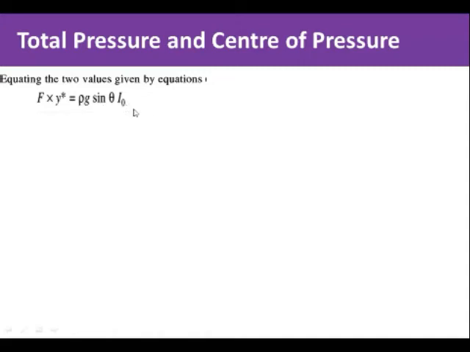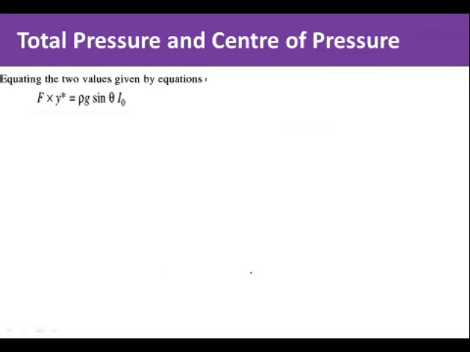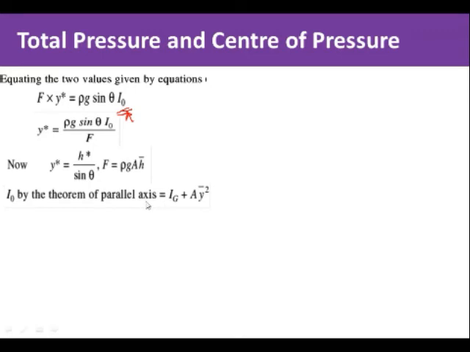Remember, in this case, this is our plane and this is axis O. Now the depth of this plane is not fixed. Sometimes the plane can be here, sometimes here, but wherever the plane is, its center of gravity CG is always constant. The G point never shifts when the body is immersed. G is always constant, but its distance from axis OO may change. So in order to get a more accurate formula, we will convert this moment of inertia about OO in terms of moment of inertia about G. We know the moment of inertia about G is given by the parallel axis theorem: IO equals IG plus A y bar square.